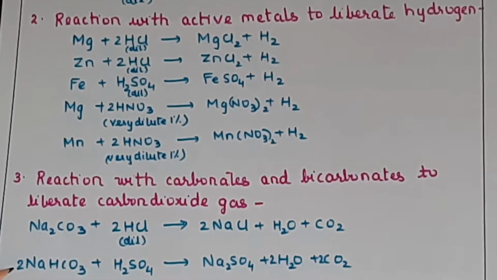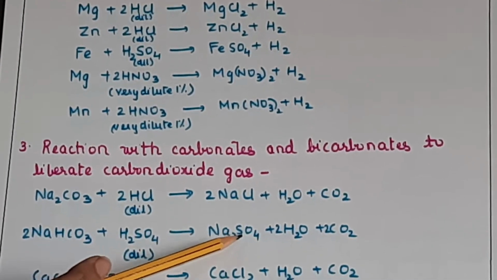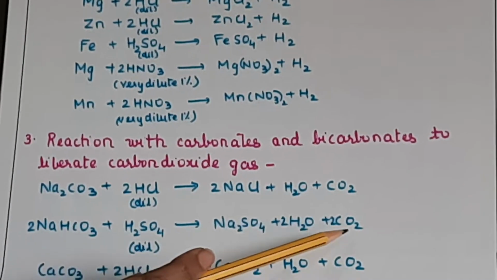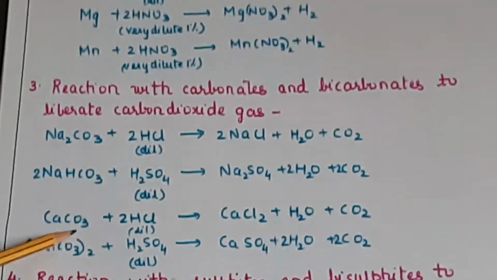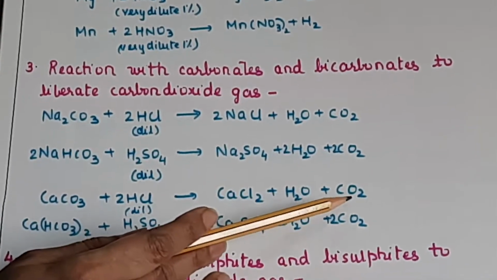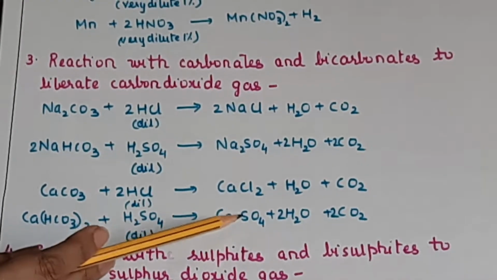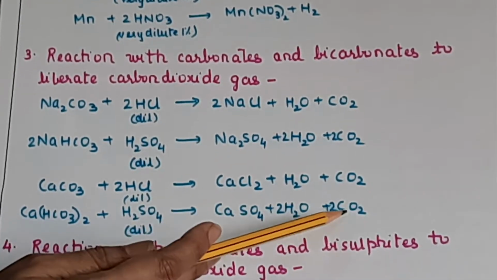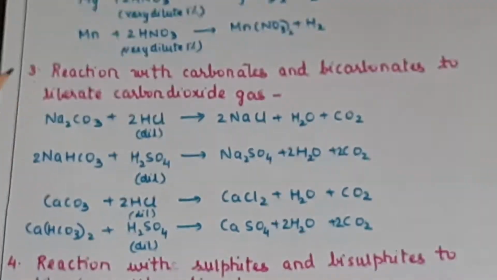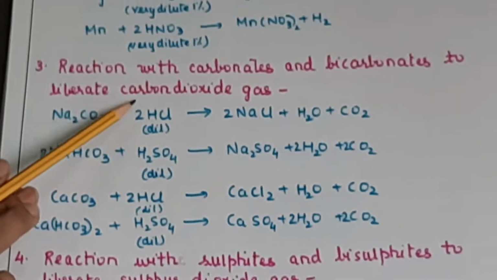Then 2NaHCO3 plus H2SO4 will give you Na2SO4 plus 2H2O plus 2CO2. CaCO3 plus 2HCl will give you CaCl2 plus H2O plus CO2, and calcium bicarbonate plus sulfuric acid gives calcium sulfate, 2H2O and 2CO2. So reaction with carbonates and bicarbonates gives you CO2 gas.